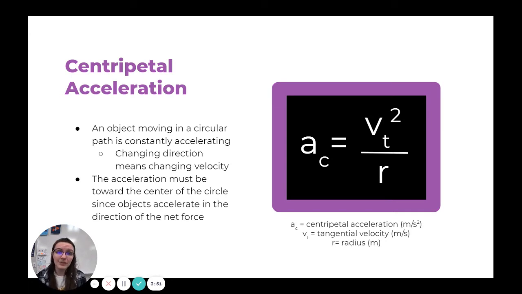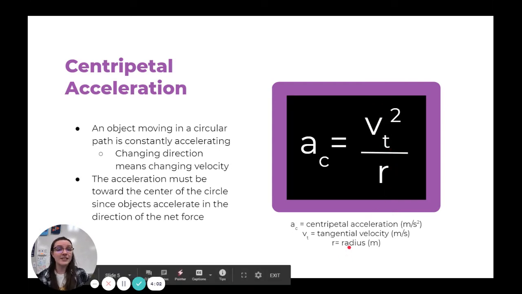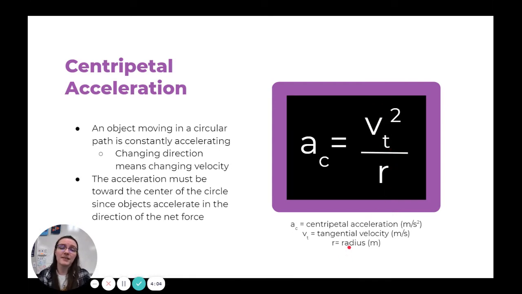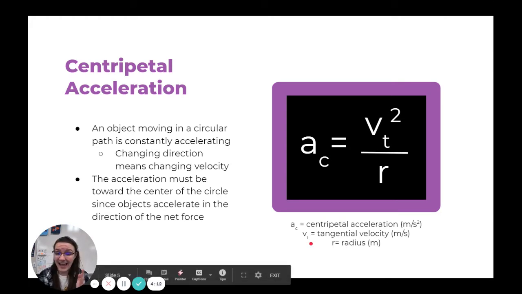So centripetal acceleration is a equals v squared over r. Note that this is a v with a little t next to it. That means tangential velocity. That is the velocity at that moment. Remember, my velocity is constantly changing direction, so it is the velocity at that spot at that moment. And the r is the radius of the circle.